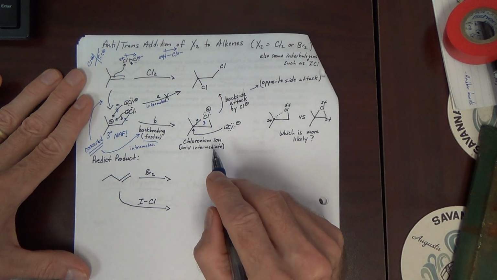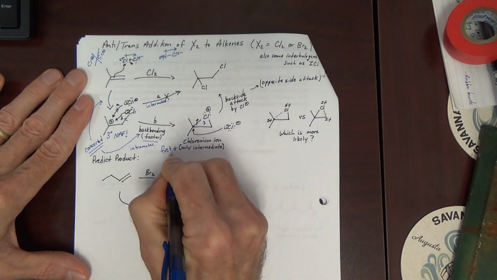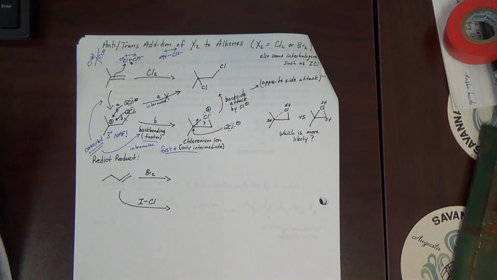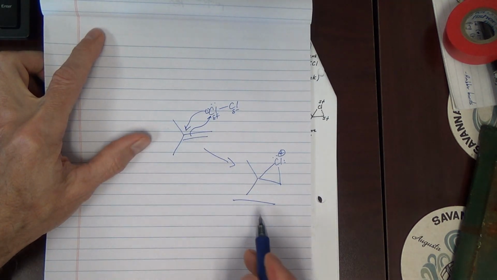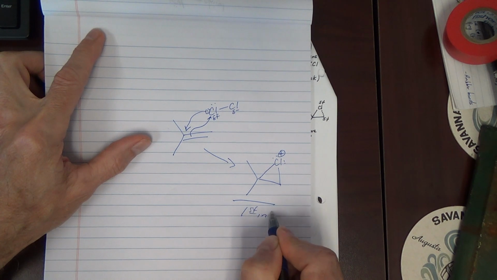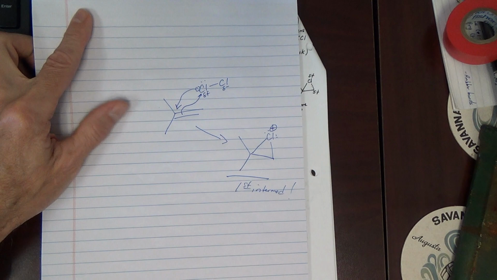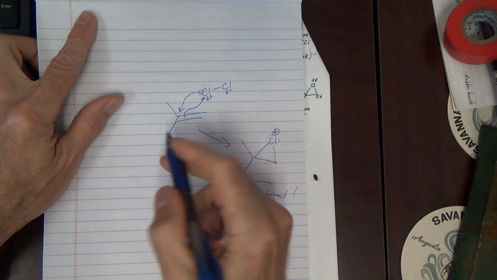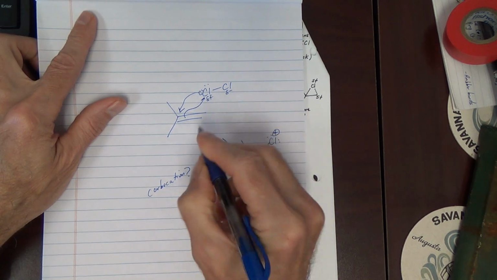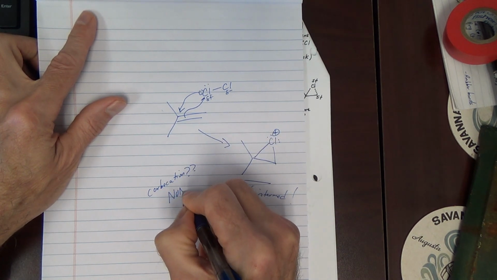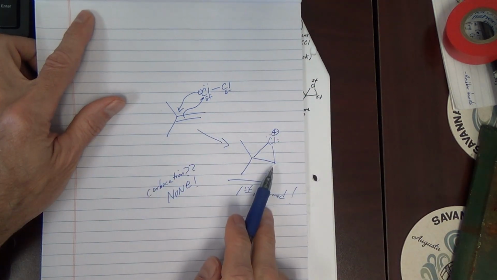This is the first and only intermediate in this reaction. If I showed it like this, here's your first intermediate. Where's the carbocation? There is none. I see none nowhere.